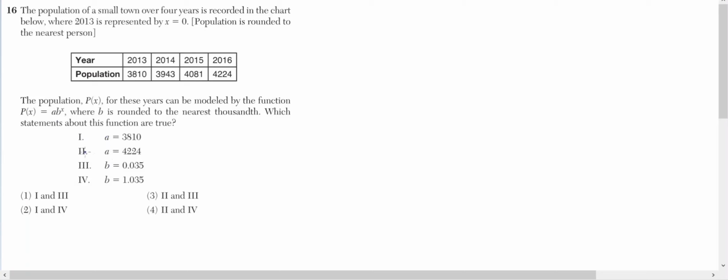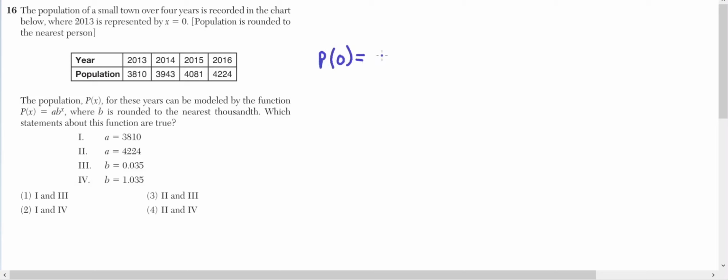So it's really about eliminating one of the two choices from 1 or 2, and one of the two choices from 3 or 4. So any model that maps this population correctly needs to satisfy an initial condition. And the easiest way to check that, both conceptually and algebraically, is just to plug in 0.